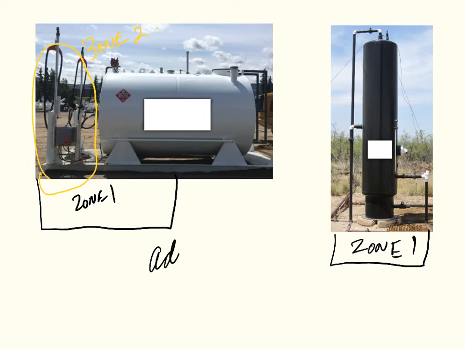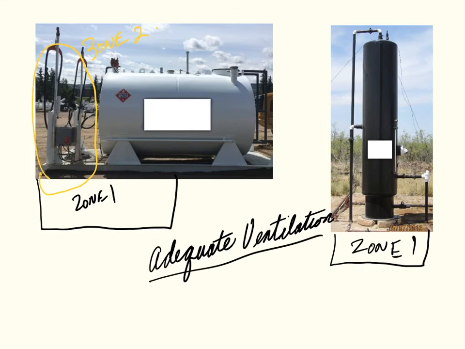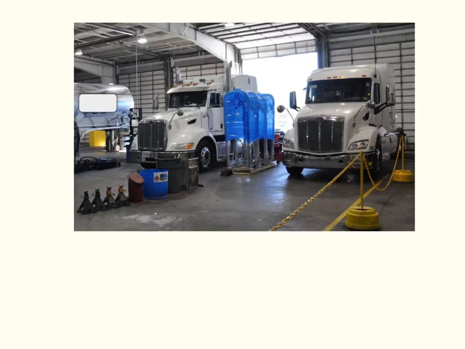So if we look at adequate ventilation, if there's a particular install where you're actually going to spend the money and ventilate it, then you might be able to get away with a Zone 2 location if you have adequate ventilation. For most of the installs that most of us are going to do, more than likely we're going to simply classify that as a Zone 1 and wire accordingly.